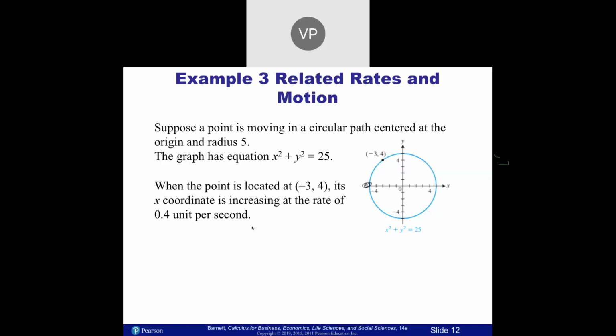Right here, it's moving up pretty quick while only going over a little bit, but it's moving up fast. Then for this next part, it's kind of just increasing height by a little bit. So even though this point may be moving constantly around the circle, your x's and y's are moving up and down at different rates. So what we have to do is find an equation that has x and y. Well, they have it right here.